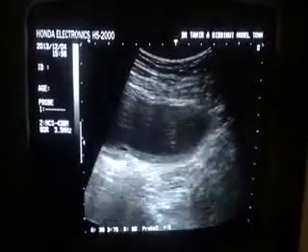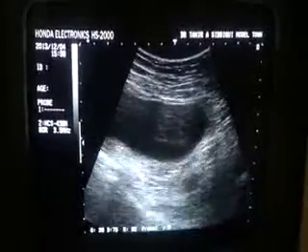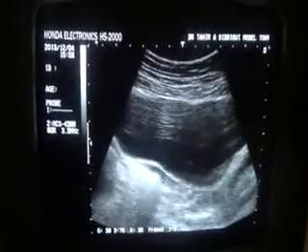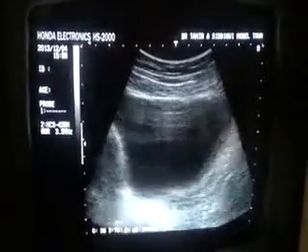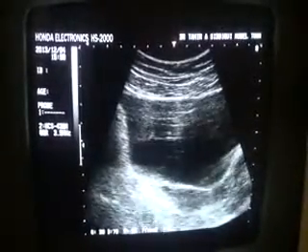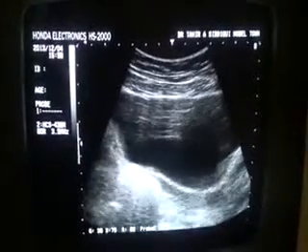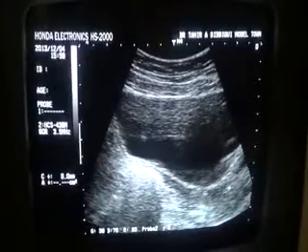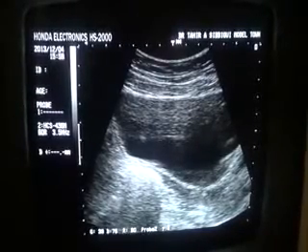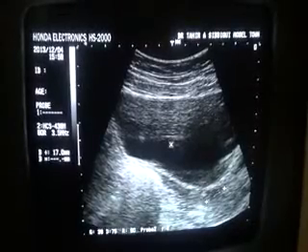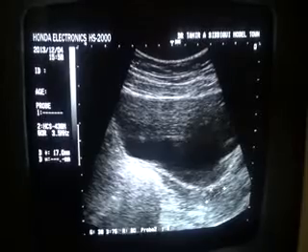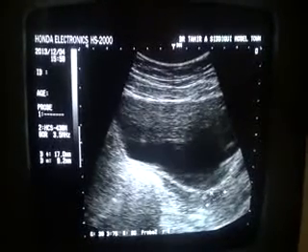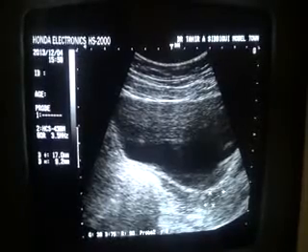Let us see the ovary once again. Well, this is the ovary, measuring 1.7 by 9.2 millimeters. 1.7 centimeter by 9.2 millimeter, and it is hypoplastic.